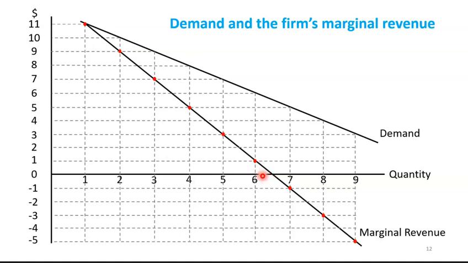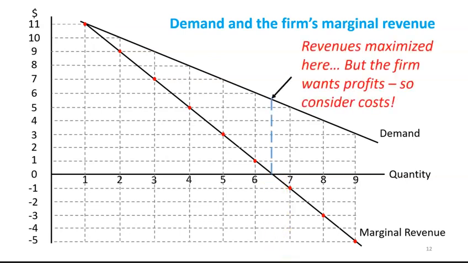So if we imagine that we can sell fractions of a unit here, then the extra little bit that was produced and sold right around here didn't bring the firm any extra revenues. The marginal revenue was just 0. What that means in plain English is that revenues are maximized there.